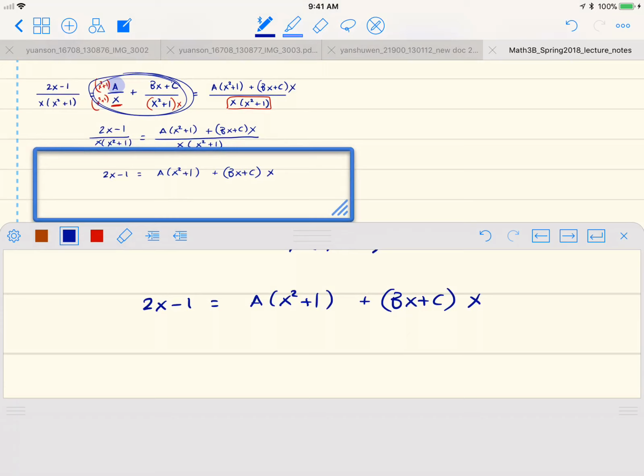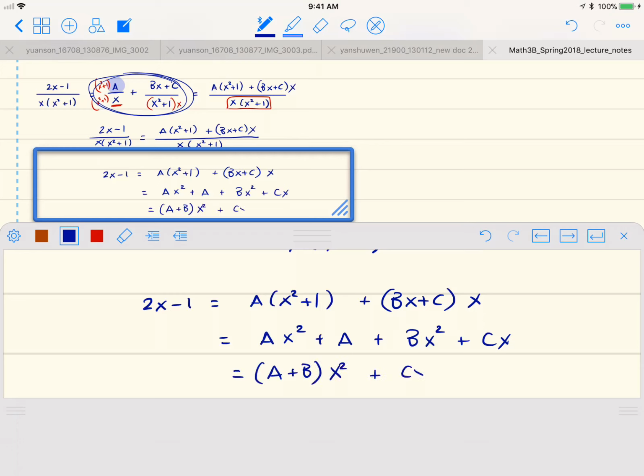So I'm going to expand the right-hand side, so I have ax squared plus a plus bx squared plus cx is equal to 2x minus 1. Combine like terms: a plus b times x squared plus cx plus a.